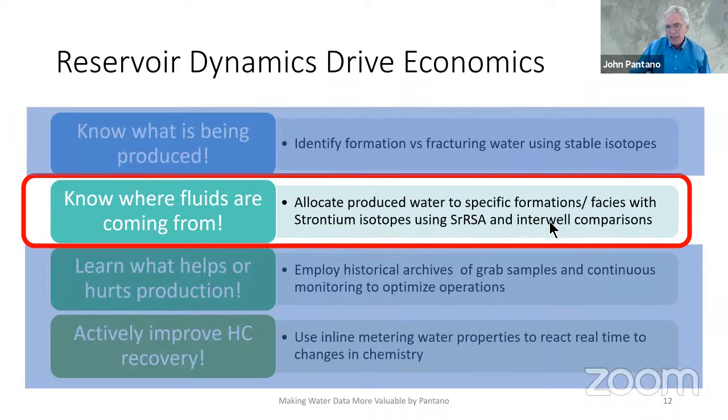But one of the key things that I'll do at the end is we're doing studies now where we're just looking at inter-well comparison, where we don't need to do the residual salts analysis until we figure out which facies to do. So this inter-well comparison, I won't necessarily talk about much, but let's talk about the residual salts analysis that is the foundation of some of our conceptual models and working hypothesis.